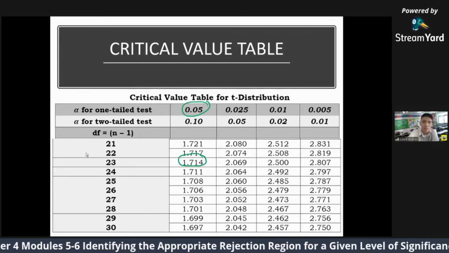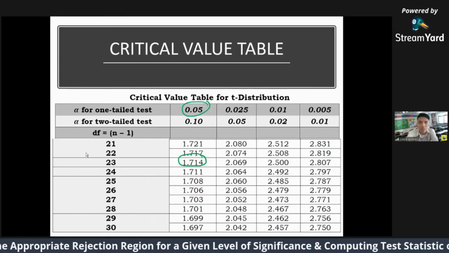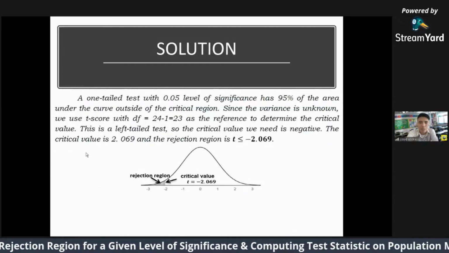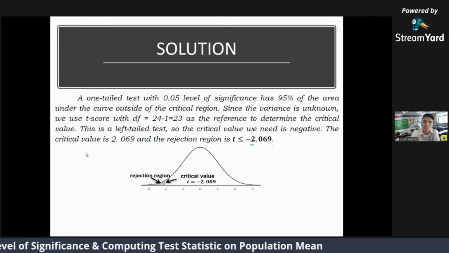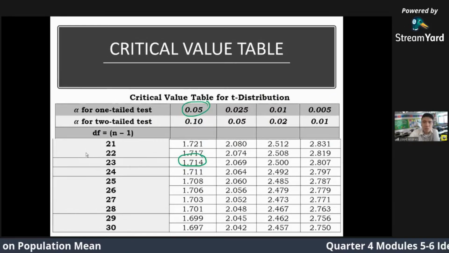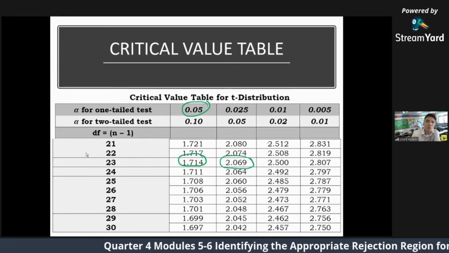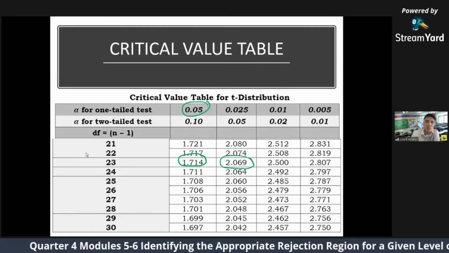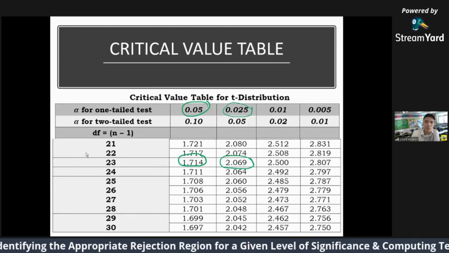I think mao nitong example nga mali ang problem. Mali ang given. Ang answer nila is less than or equal to negative 2.069. Ara ilang gihatag. So, one-tailed man ta nga 0.05. So, dili.